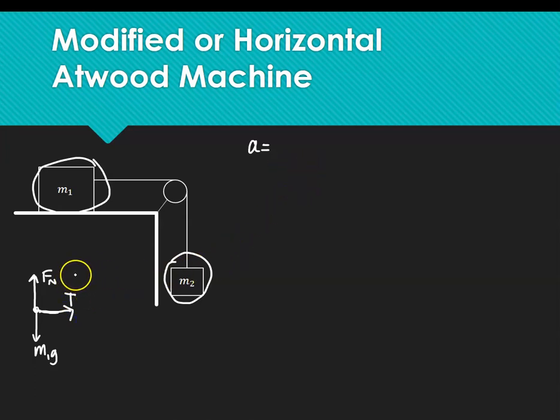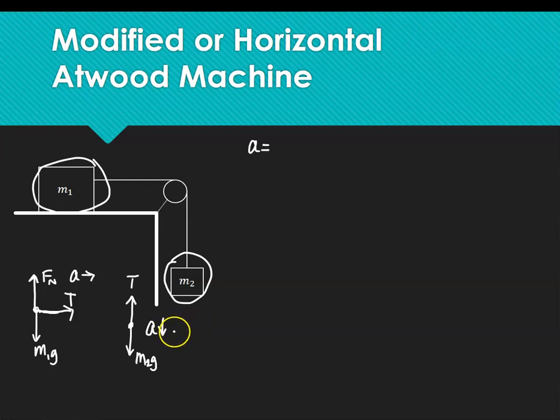So this is going to accelerate in the direction of tension. For M2, we have M2G down, and then we have tension up. Now, just as before with the full Atwood machine, these two tensions are going to be the same. So this is going to accelerate in the direction of M2G.